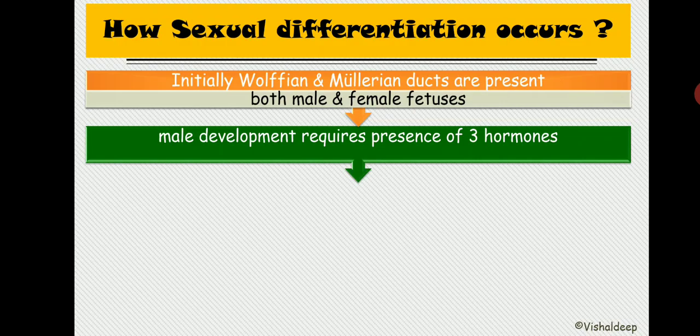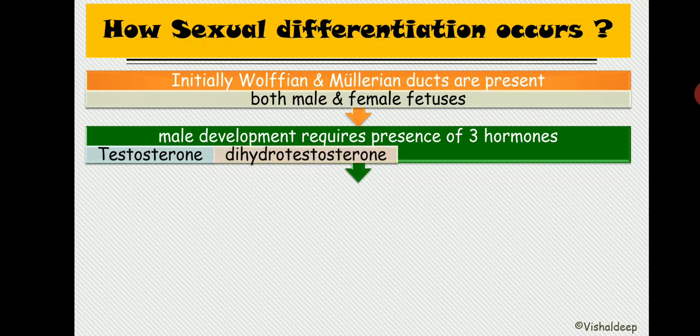Remember these three hormones. One is testosterone, another is the active form of testosterone, that is dihydrotestosterone, and the third one is the Mullerian inhibiting factor, MIF. It is also known as AMH, anti-Mullerian hormone. MIH or AMH, both are the same thing.